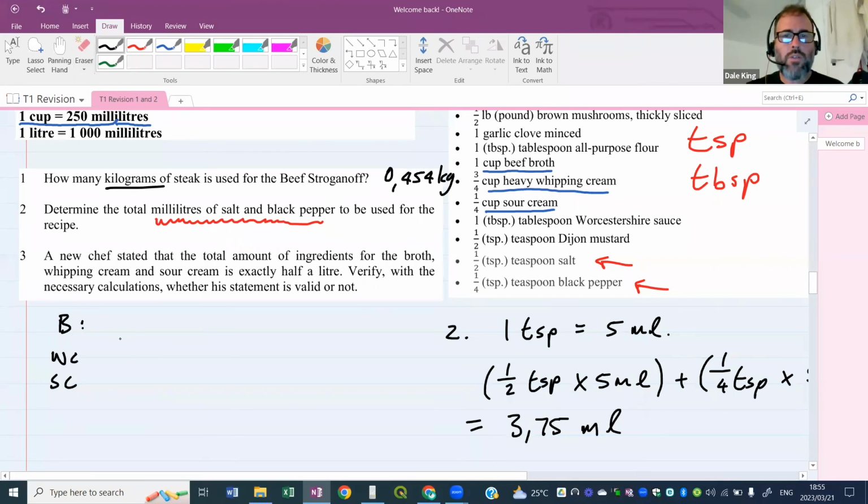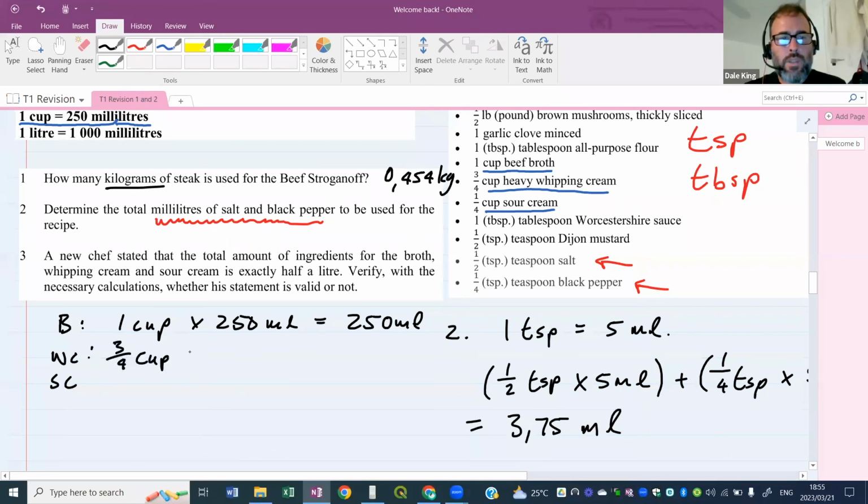Okay, so for broth, we're going to say 1 cup, and each cup is 250 mils, so we multiply this by 250 mils, and we get 250 mils. All right, the whipping cream, we have 3/4 of a cup. Multiply that by 250.